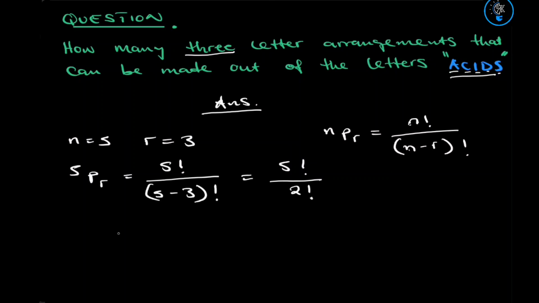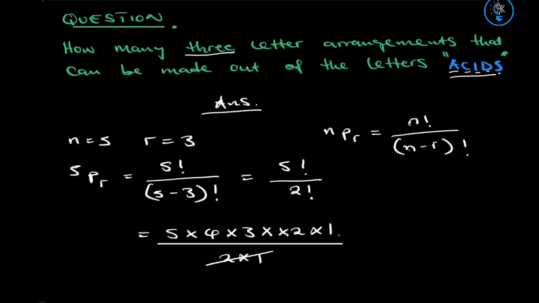Now let's expand it. We know that 5 factorial can be written as 5 times 4 times 3 times 2 times 1. And the denominator can be expanded as 2 times 1. This part and that part can cancel. And we end up with 5 times 4 times 3 divided by 1, but no need of adding that.